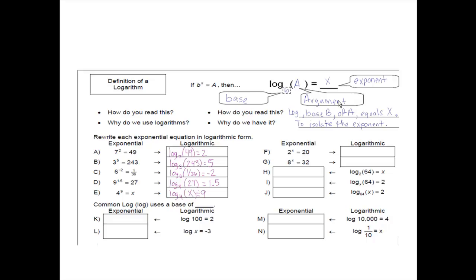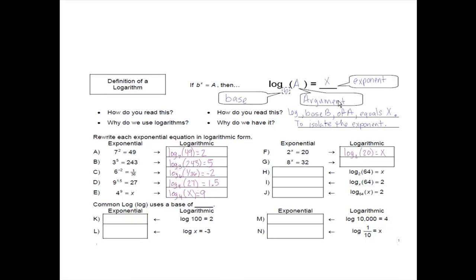Now moving over to the right column, we see F, 2 to the x power is equal to 20. So this becomes log base 2 of 20 is equal to x. G, 8 to the x power equals 32 will become log base 8 of 32 is equal to x. So these problems are going from exponential to logarithmic.